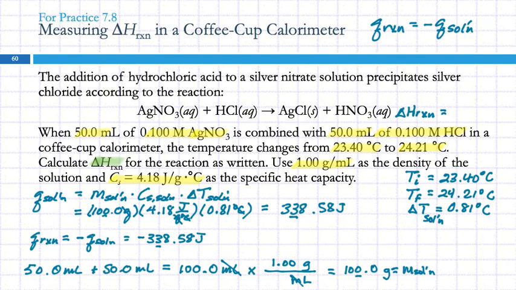Can I find the moles of silver nitrate? Yeah, I've got 50 milliliters and 0.1 molar. So 50.0 times 10 to the minus 3 liters times 0.100 moles per liter.